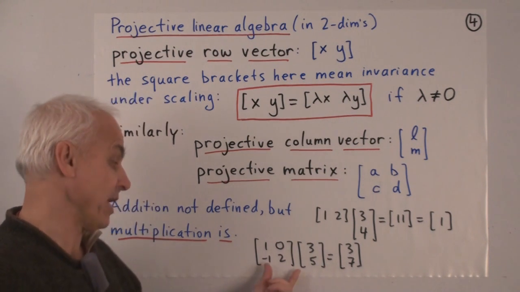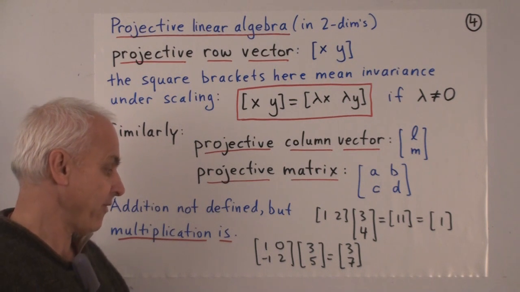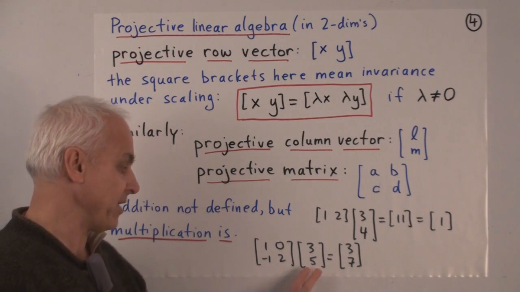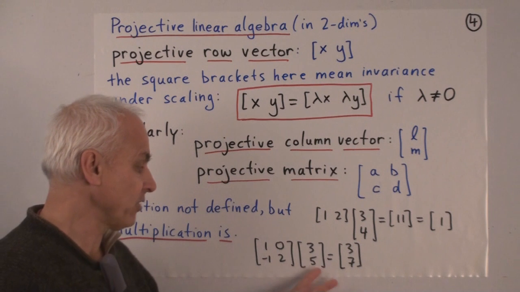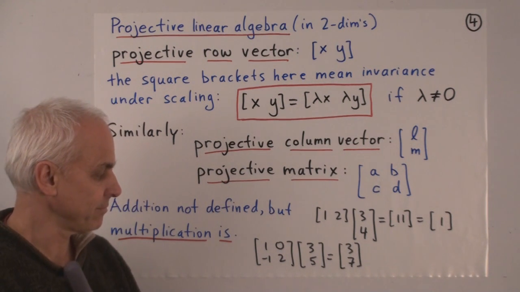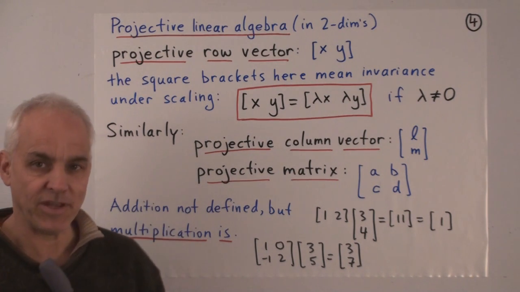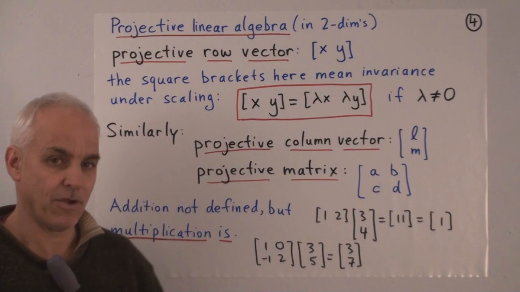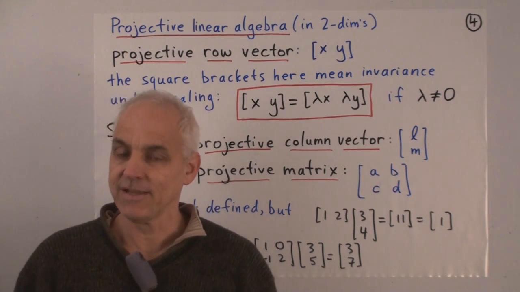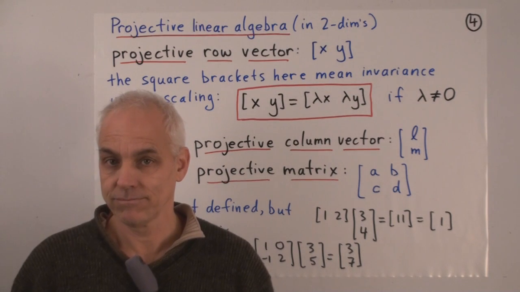And that makes sense because we're allowed to multiply this by a scalar. We're allowed to multiply this by a scalar. If we multiply that by 5 and we multiply this by 10, the result would be to multiply that by 50. Okay, so it's not too hard to see that this multiplication of these projective objects is also associative.